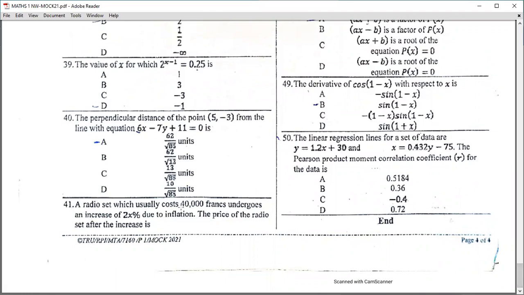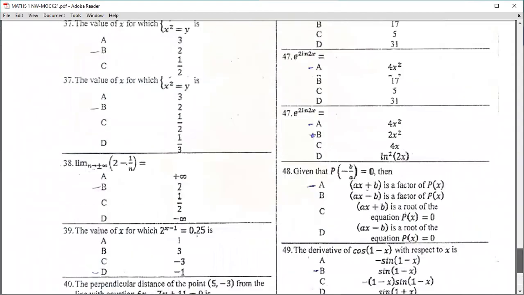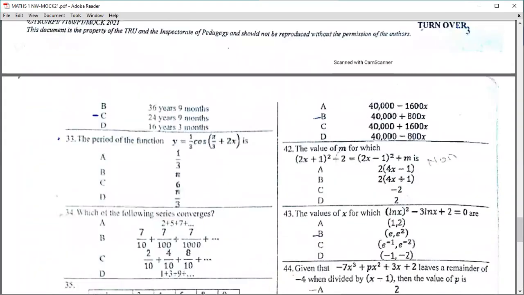So a radio set usually costs this, undergoes an increase of 2x% due to inflation. Let us see what we have.